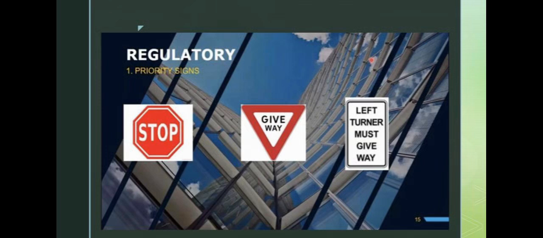The give way sign is used at locations where safe and efficient traffic control requires the give way to the right rule to be modified, if there is a need to resolve uncertainty as to which traffic stream is required to give way to another. Give way signs yield to the vehicles on the right side of the intersection, and the left turner must give way. This shall be rectangular in shape and shall have a white reflectorized background and black letters and borders.